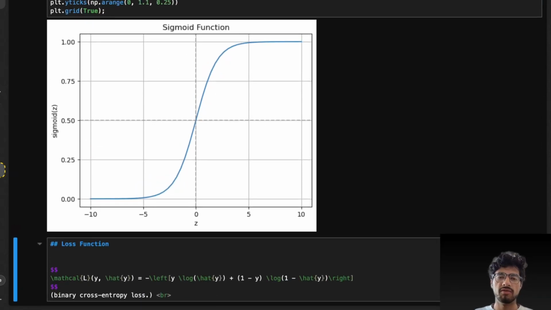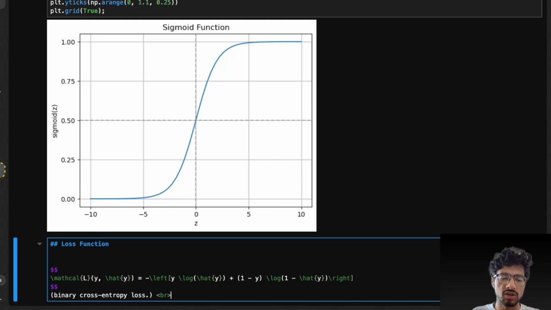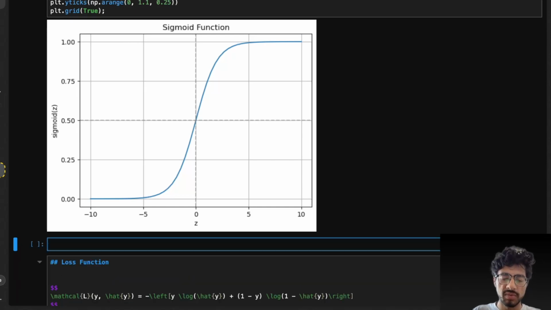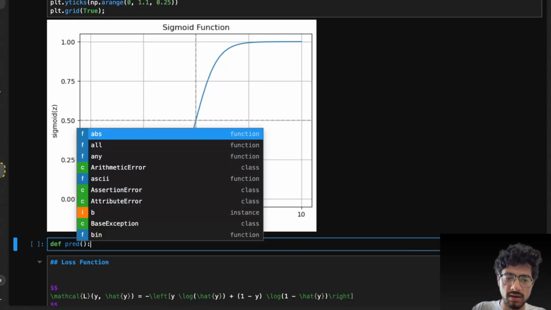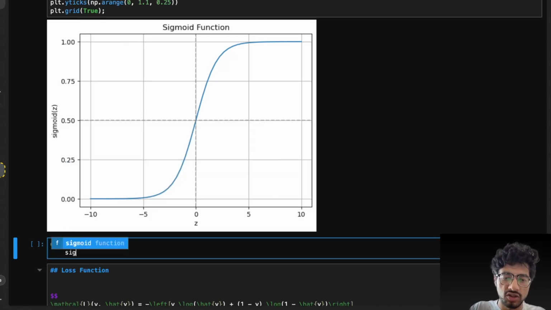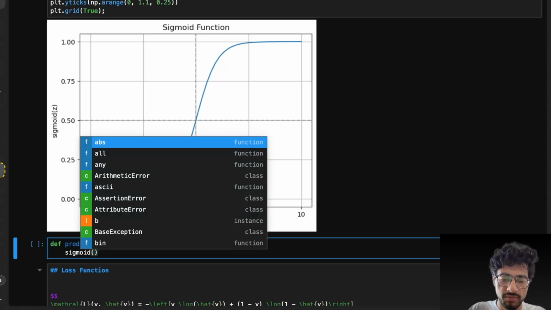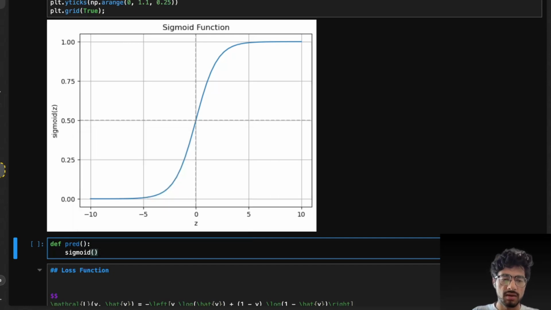But so what? We have the sigmoid function, which means that we can make predictions. Let's call it predictions A, and then actually let's define a function pred that just makes the predictions. Sigmoid. Okay, we need to multiply the weights with the corresponding features and add them up.